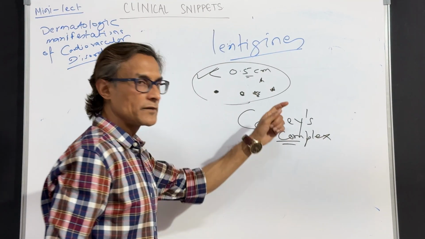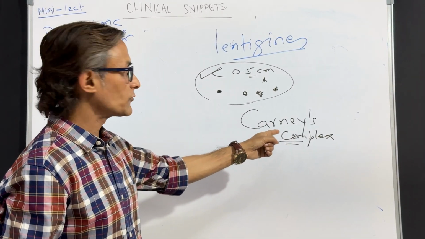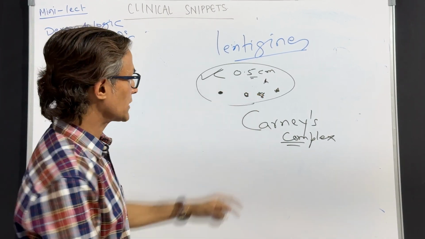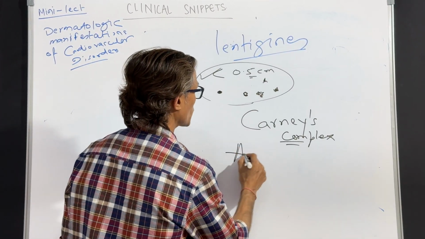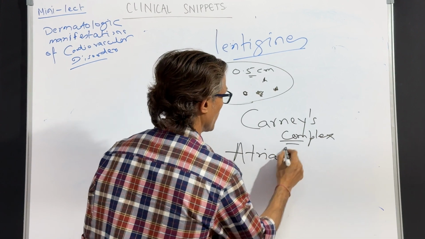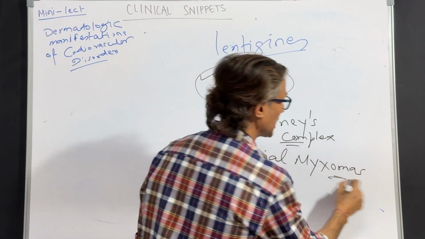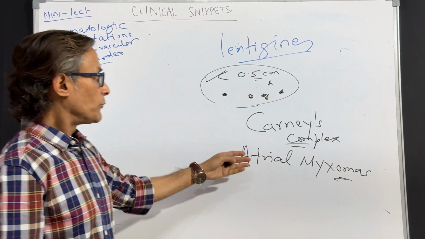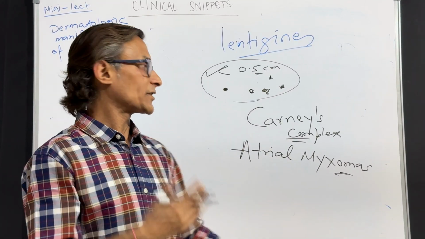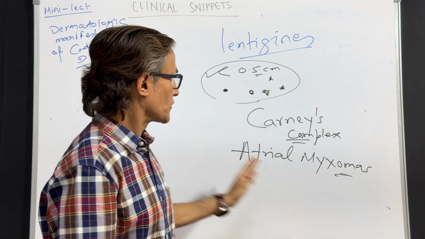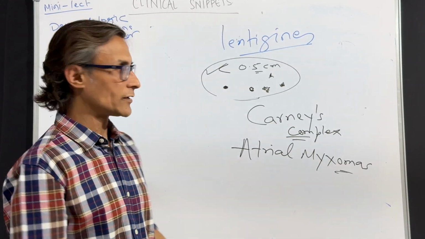And one should think of this Carney's syndrome or Carney's complex. What is this? Along with lentiginosis, you will get arterial myxomas. Multiple arterial myxoma, multiple subcutaneous myxomas, lentiginous arterial myxomas.